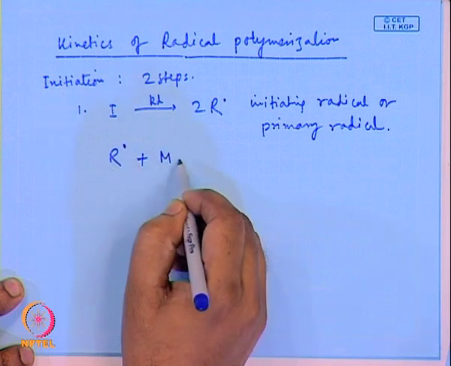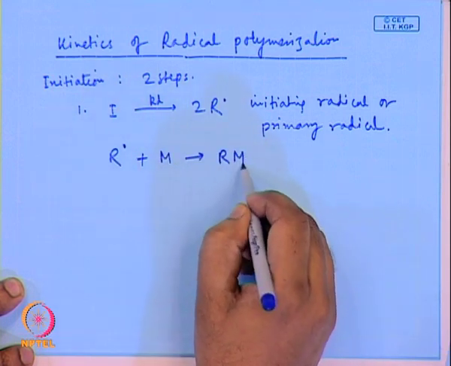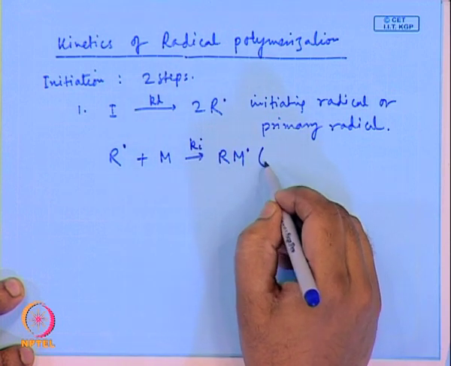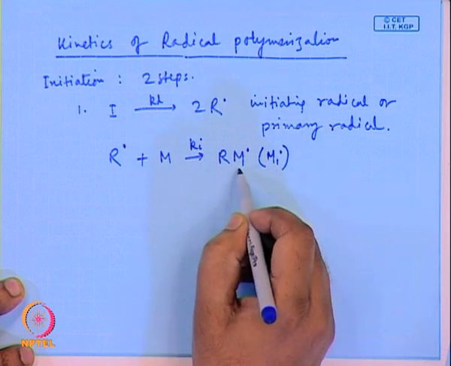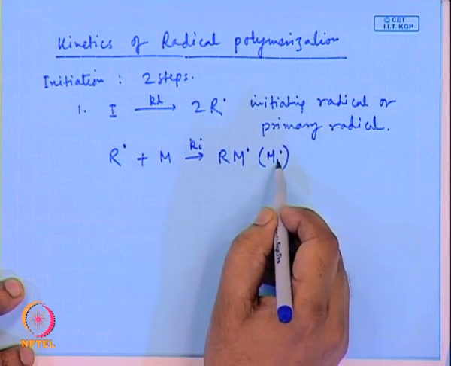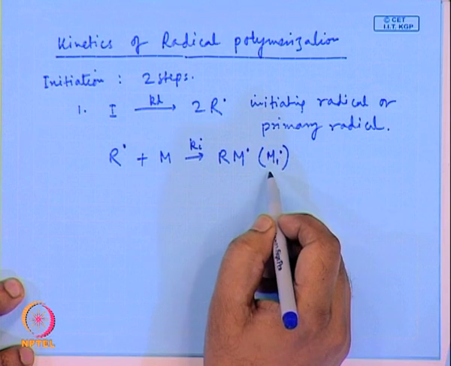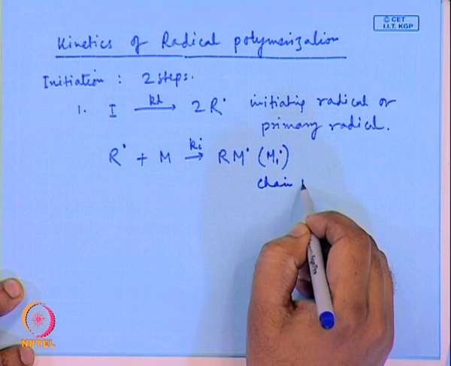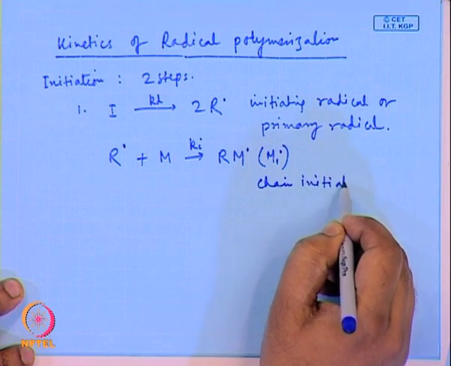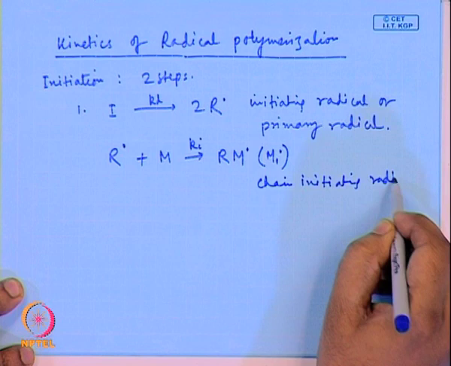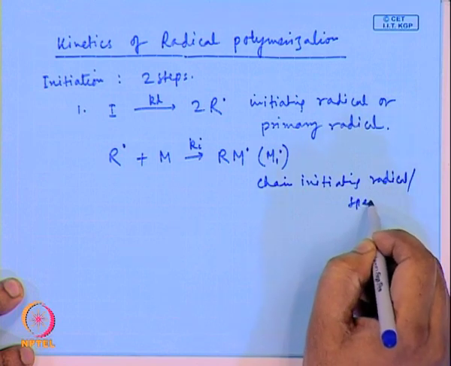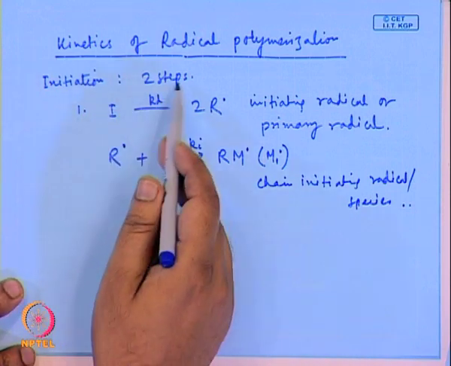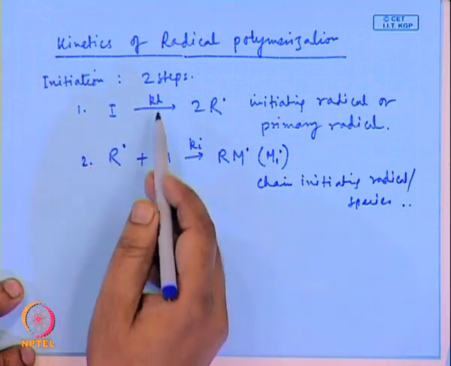This primary radical reacts with a monomer, RM dot. For short, we are writing M1 dot here. This is the chain initiating radical or species. So, the initiation step actually consists of two sub steps, 1 and 2.